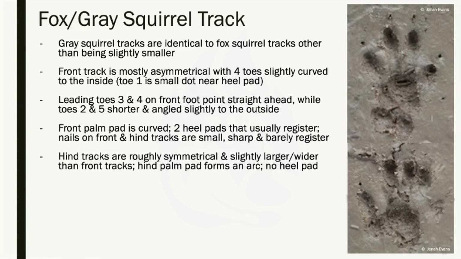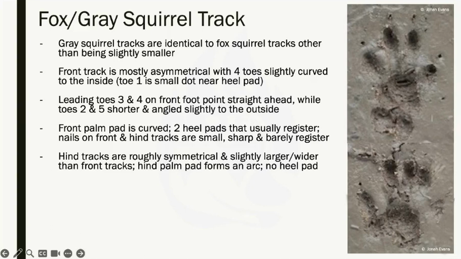The hind tracks are much more symmetrical. It's still slightly asymmetric, with this curvature, but it's harder to distinguish. They have a little bit wider, larger palm pad, and the hind palm pad will register, but you're not going to have a heel pad show up.